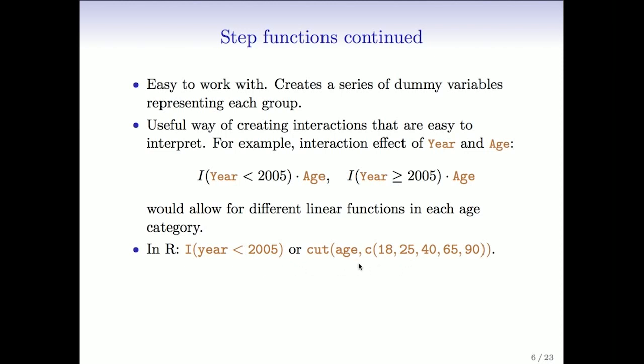And if you want to cut in more than one place, there's a function called cut. So you can cut age, and you give it the cut points. You need to give cut the two boundary points as well. So in this case, 18 and 90, those are the ranges of the ages. It will be beyond the age range, actually. And then the interior cut points. And it'll create a factor for you, an ordered factor, that cuts the variable into those bins.